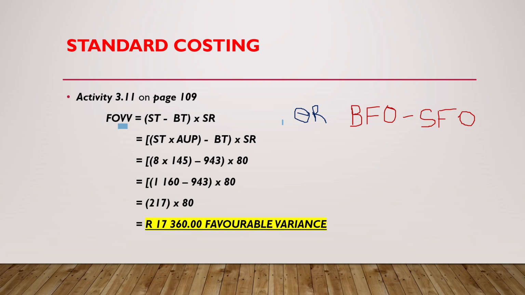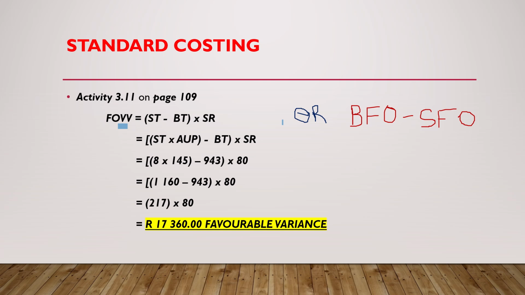Let's read, maybe we'll find it. 8 labor hours are required to make 1 school bag. The standard rate for labor is 80 rand per hour. The business estimated, that means budgeted, that 943 labor hours will be used. So budgeted time is 943 hours.